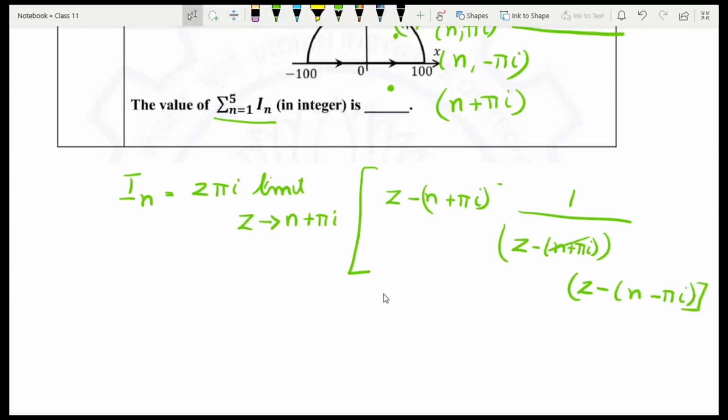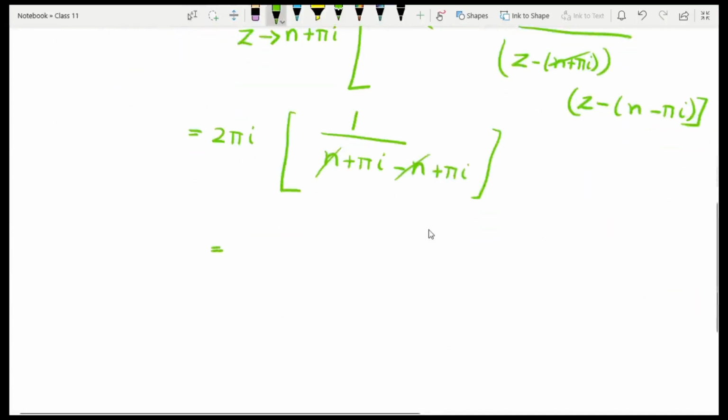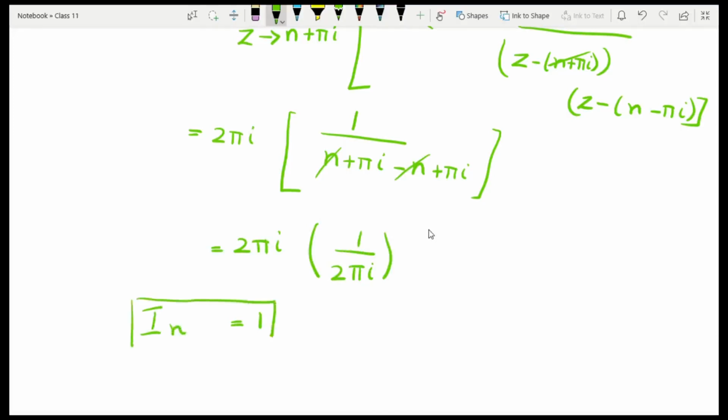So these two will get cancelled off, and by applying the limit, 2 pi i into 1 divided by (n plus pi i minus n plus pi i). So these two will get cancelled off. So we will be getting 2 pi i into 1 divided by 2 pi i. So it is going to be 1. So the I of n value is equal to 1.